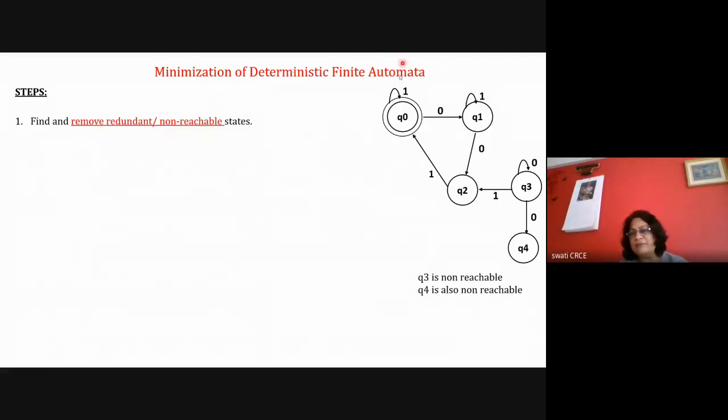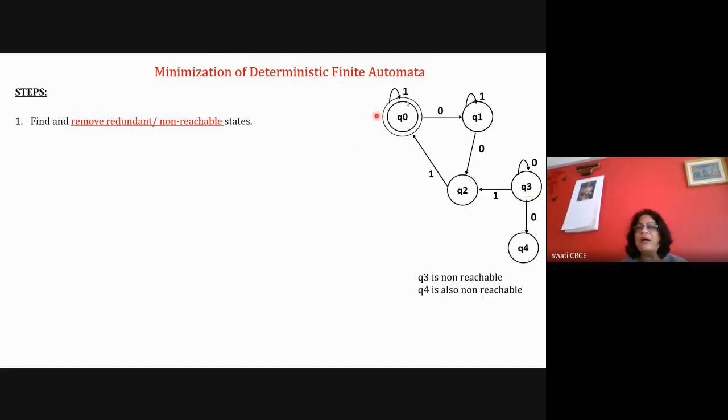In this diagram, if you see, the states Q3 and Q4 are non-reachable. Non-reachable state means that when you start from the initial state, such as Q0, here the initial state is Q0 and the final state is Q0. When you start from Q0, on any input symbol, this particular state is not reachable from the initial state.